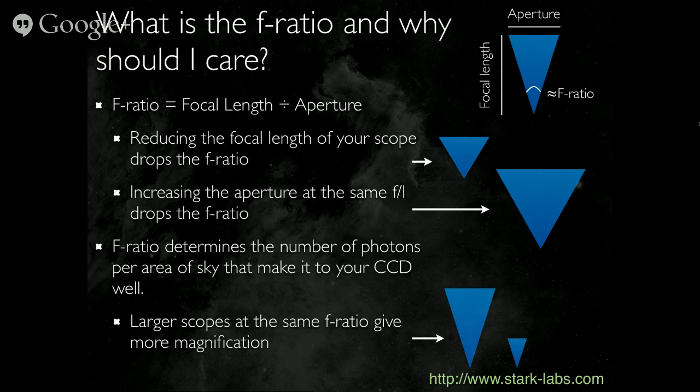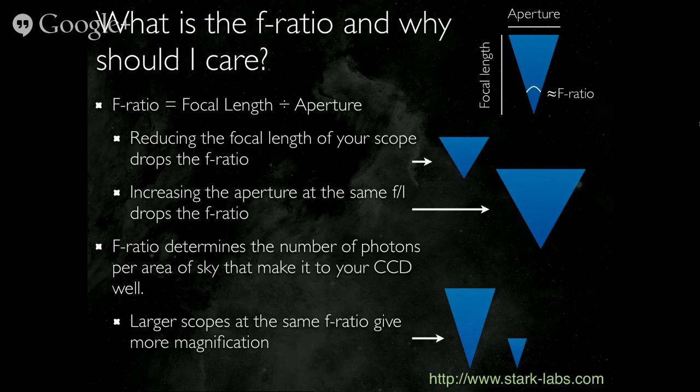So as we're thinking about F ratio, what you want to think about is how much sky do I really want to cover? What kind of sampling do I want in terms of the resolution in the image? And if I want to pull out these faint fuzzies, these great extended objects like DSOs, I really want to be at as low a focal ratio as I can.